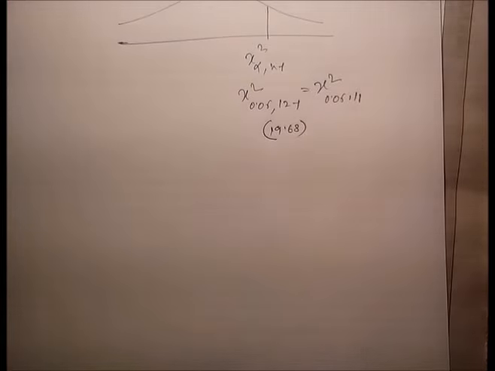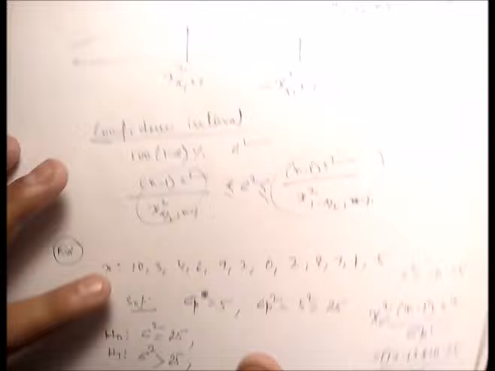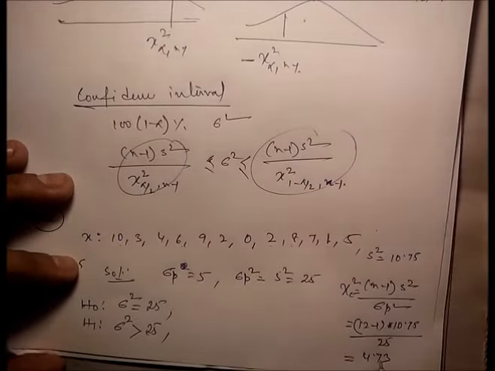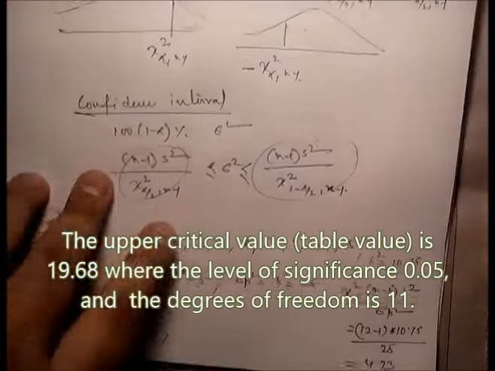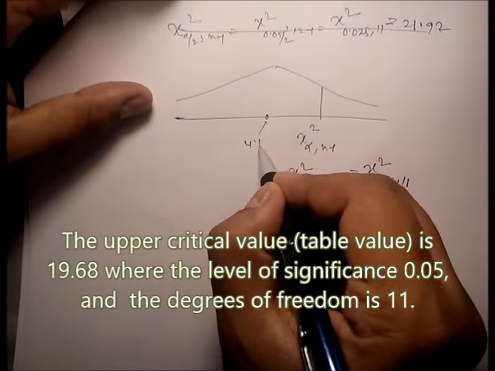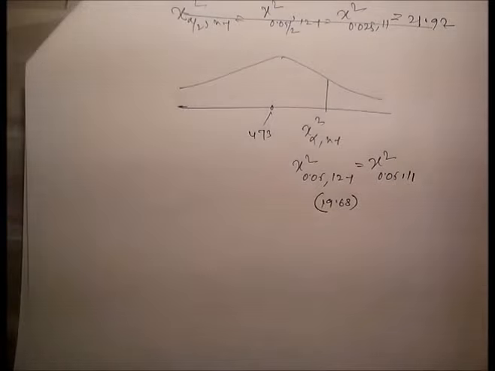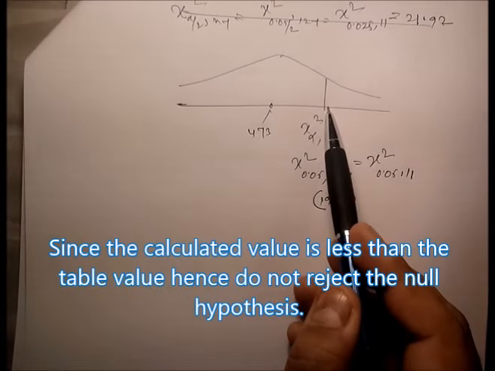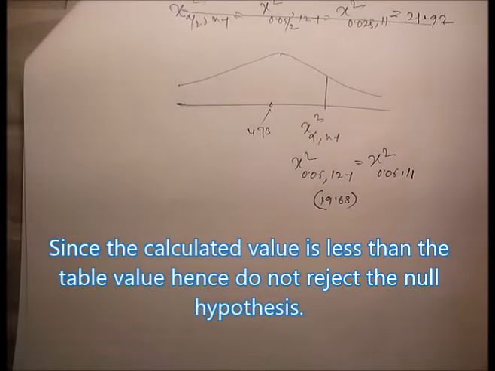That is the table value, and the calculated value is 4.73. Since the calculated value is less than the table value, we do not reject the null hypothesis.